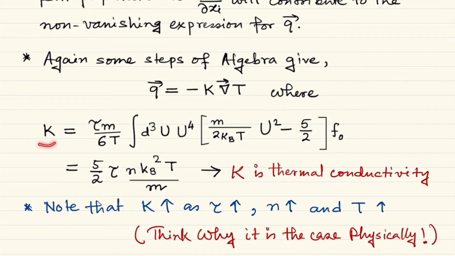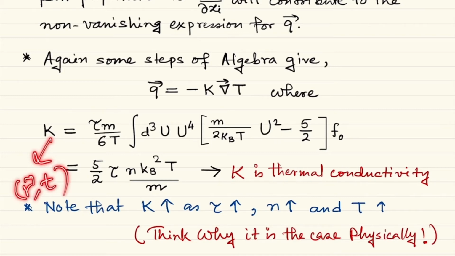Okay, so if you can do that, finally try to understand what this is. This is some quantity which is the proportionality constant of Q. It may or may not be constant, to be very honest, but at least if you just see the expression, it should not depend on capital U. Okay, and now you can see that 5 by 2 tau n kB square T by m has T and n, so it will be a function of, in general, r and t.